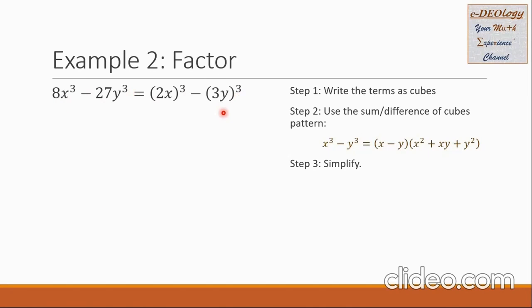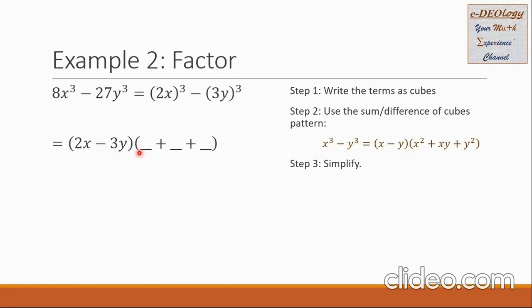Step 2, we will write the factors. Again, in the factors, we expect binomial times trinomial. Let us begin with the binomial. I will now copy the 2x, and then the negative sign is copied here, followed by the second term, and that is the 3y. So our binomial is 2x minus 3y.